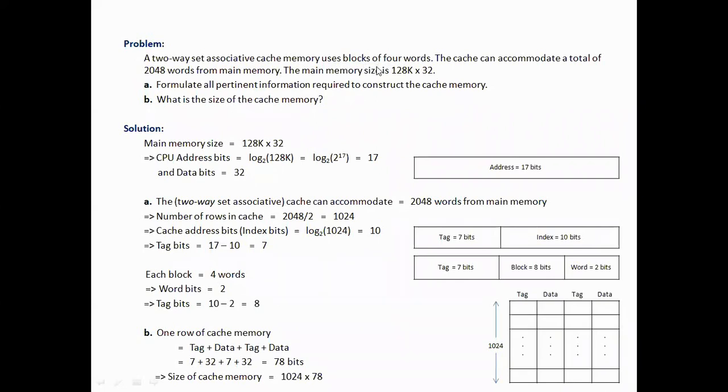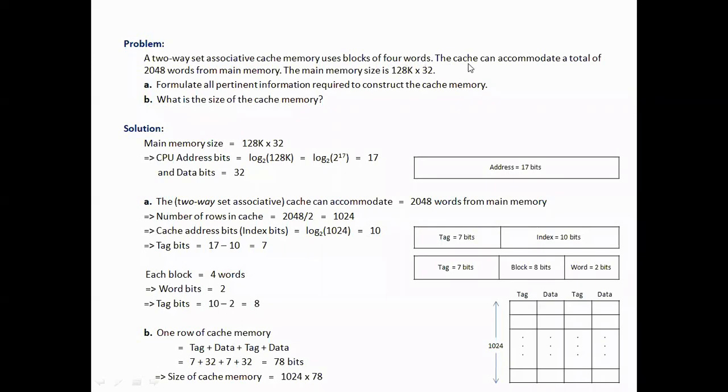So its rows are divided into blocks like that of direct cache, and each block is of 4 words. In other words, every 4 rows constitute one block.